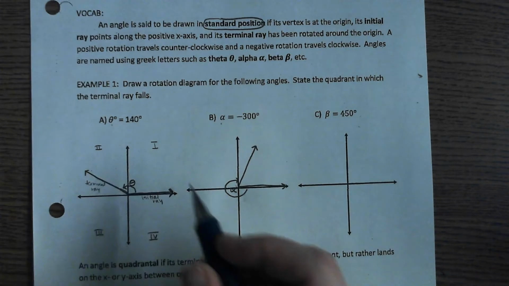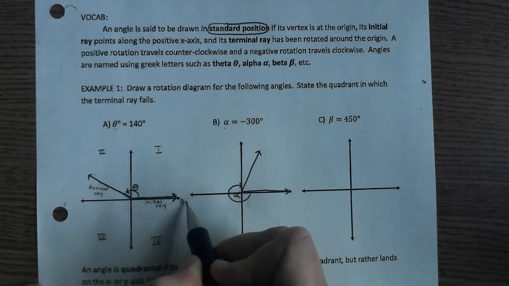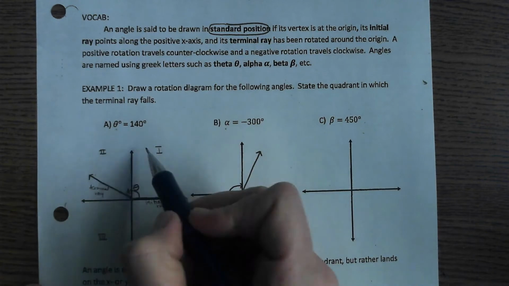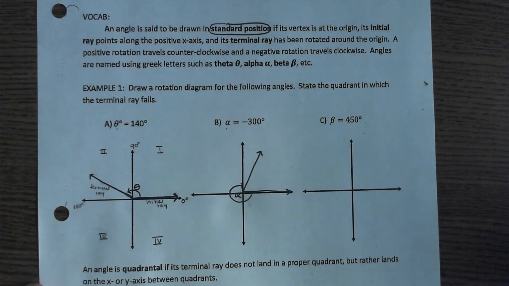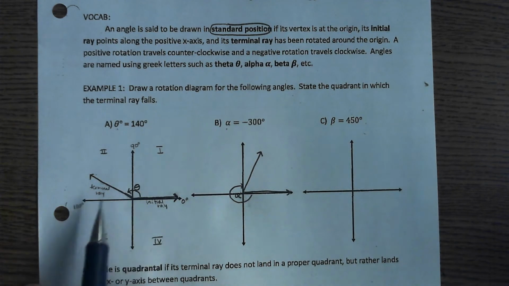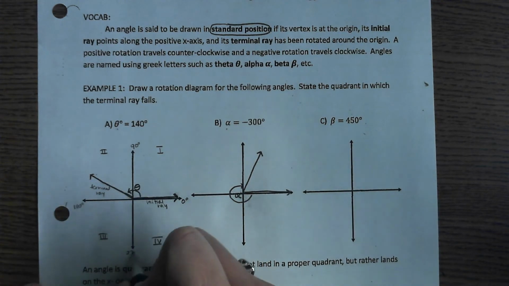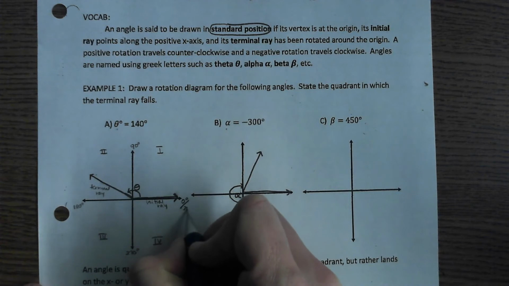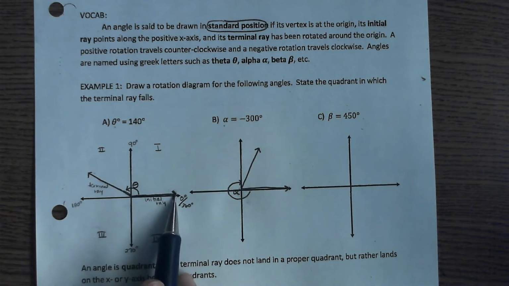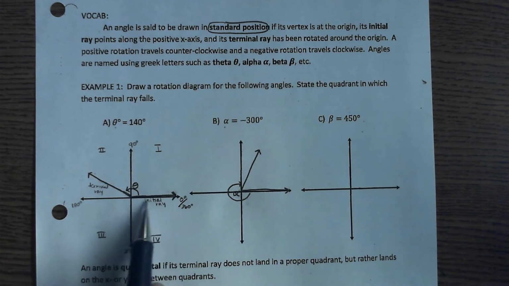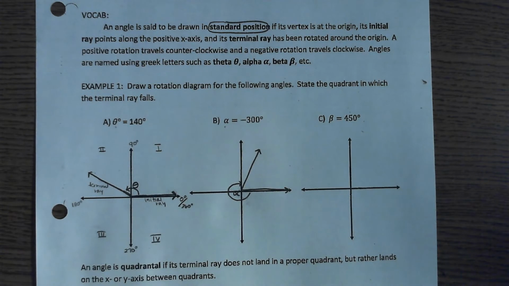Really quickly, if you're going the positive direction, that's always your 0 degree angle. This is your 90. This is your 180. This seems to be something that at least half of you already know. 0, 90, 180, 270. And 0 kind of coincides with 360, right? A 0 degree angle has a terminal ray right there, and a 360 degree angle has a terminal ray on the same location.